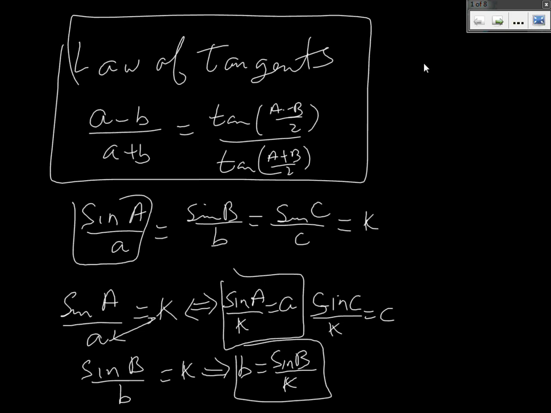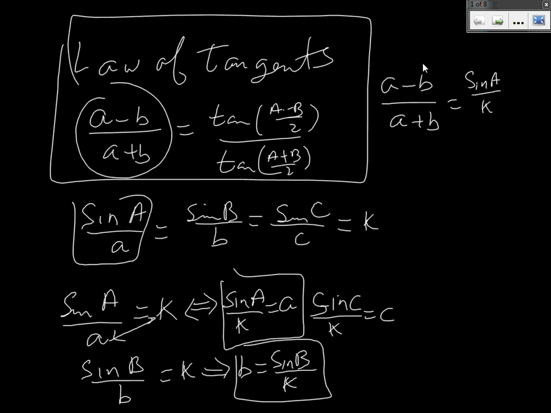Now, let us compute what we want. We want (a minus b) over (a plus b). Well, a is sine A over k minus b, which is sine B over k, all divided by a plus b, which is sine A over k plus sine of B over k.